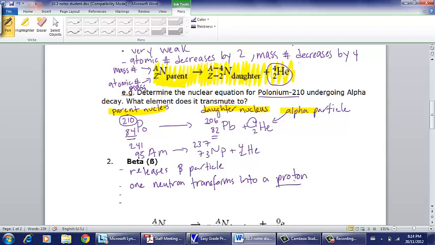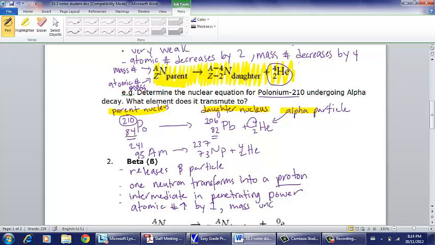That proton stays in the nucleus, but the electron is emitted, and it's intermediate in penetrating power. You're going to have to know the relative penetrating powers of all three types of decay, and the beta is intermediate. The atomic number, because it's gaining a proton, is going to increase by 1, and the mass is unchanged because it lost a neutron but gained a proton.